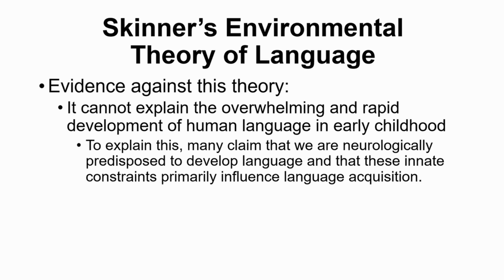That's not the only evidence against Skinner's theory here. So yes, it can't explain this overwhelming and rapid explosion of vocabulary, but also when they've done specific studies that look at what kind of interactions parents have with their children while they're learning language, we'd have some predictions. If it is all about the environment, all about consequences and feedback, then we would expect that parents should be correcting children for any kind of error that they're making.